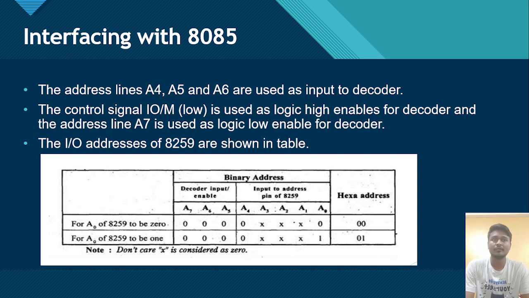And for A0 of 8259 to be 1, A0 is high, again A4, A5, A6 and A7 are low, and A1, A2 and A3 are in don't care condition, and the hex address we obtain is 01.